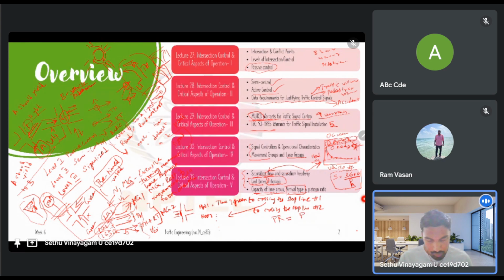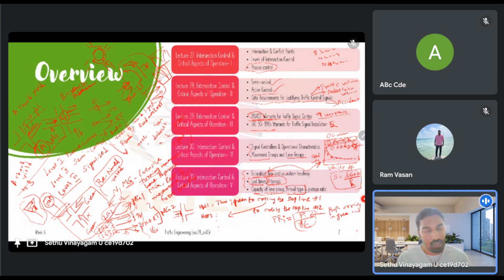It is equal to P by G by C, Pi by gi by C, for a particular phase or particular approach. Okay, for approach i, it is Pi by gi by C. So what is Pi here? Pi is nothing but the proportion of vehicles arriving in green time, right?